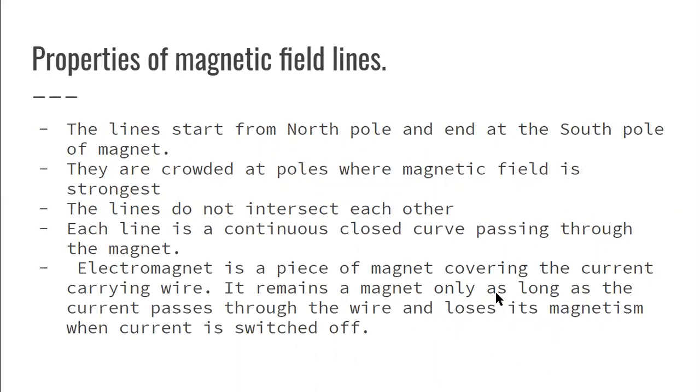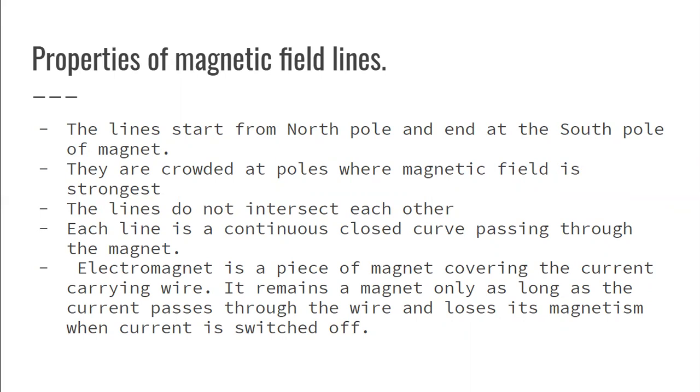Next, the electromagnet. Now, these were all about magnetic field lines and magnetic properties. What about the electromagnet? The name itself suggests that it is related to electricity. So what is that? It is a piece of magnet covered with a current carrying wire.